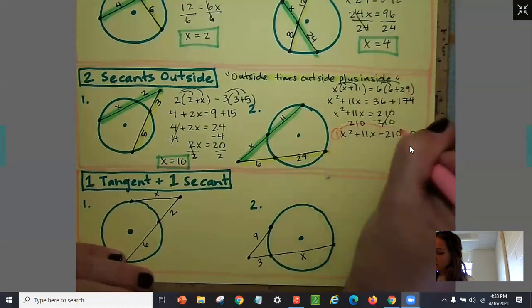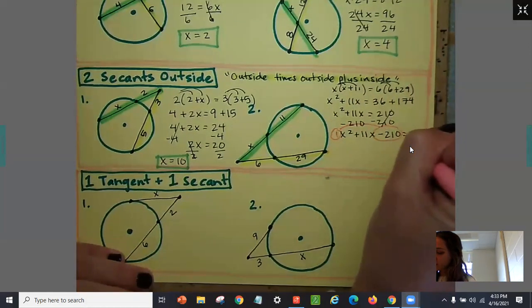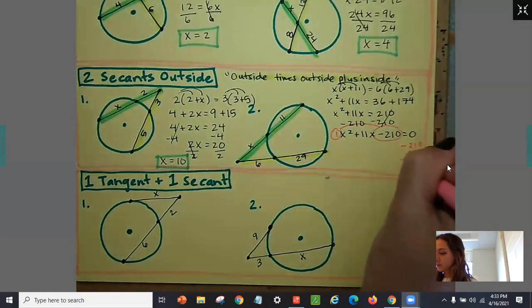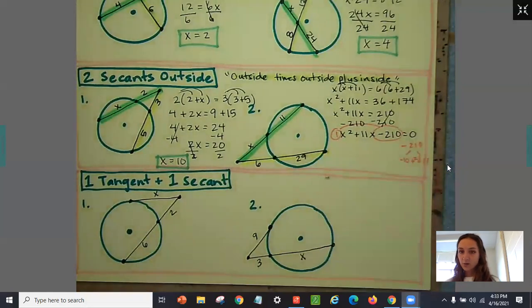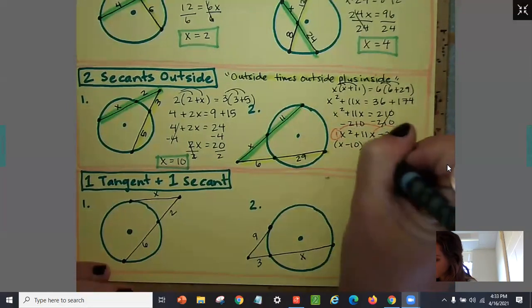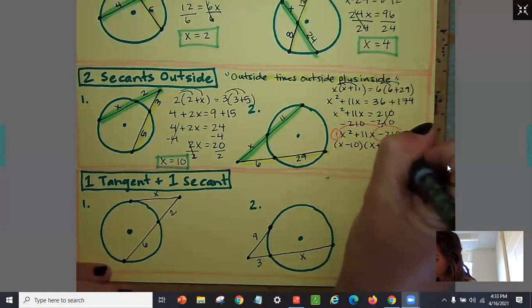Okay, and this might take a little bit of thinking here, but we know that 210 is divisible by 10. And whenever you divide that by 10, you are going to get 21. So we're going to be using positive 21 and negative 10 here. Okay, so this is going to factor into x minus 10, x plus 21 equals 0.